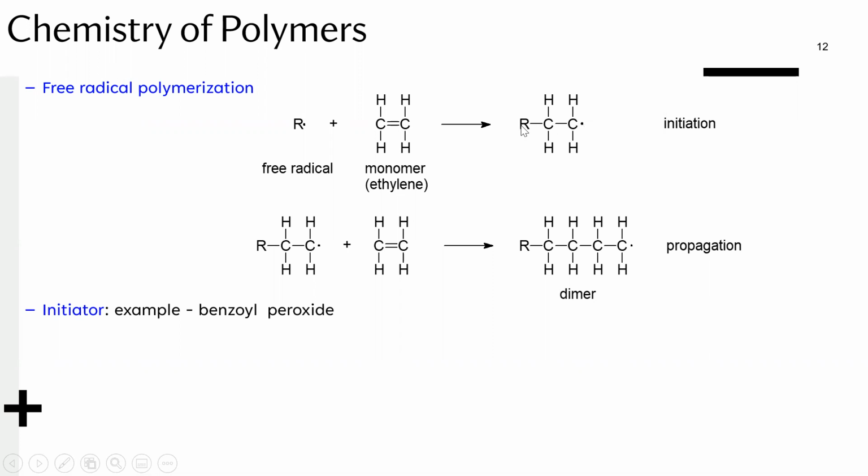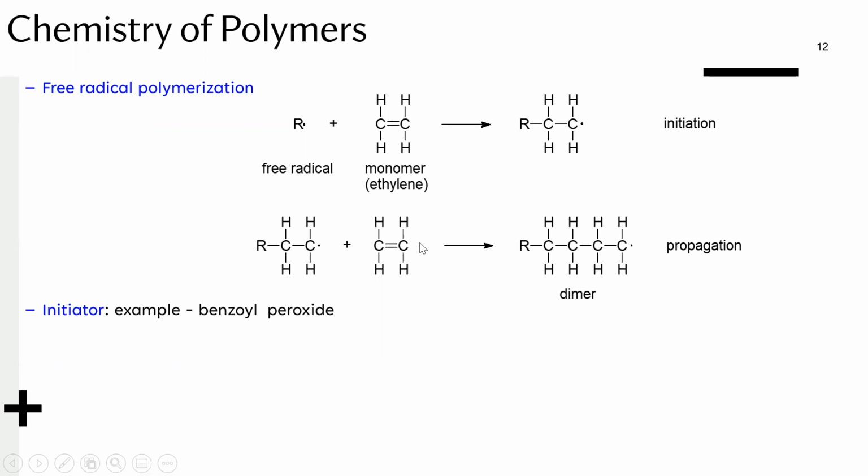It sticks to one end of that monomer and then breaks that bond. The other end, the carbon, is now going to have one extra electron, so it's ready to form a new bond, and so it acts as a radical itself.